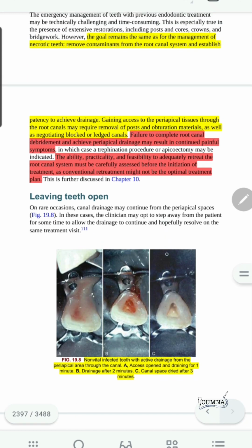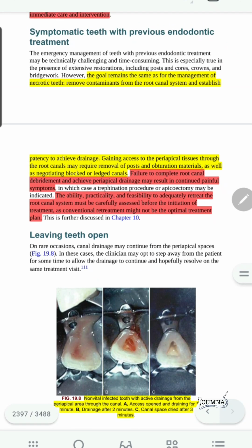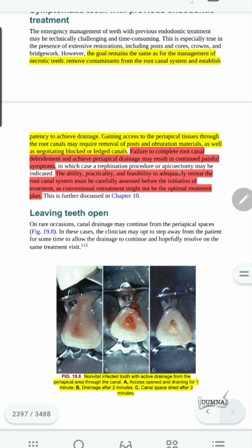But if the canal is blocked with posts, or we have ledges, or we have broken files, and we cannot get access to the periapical tissue, we must get an evaluation of the case before we start, because failure to complete the root canal removal and achieve a periapical drainage may result in continued painful symptoms.